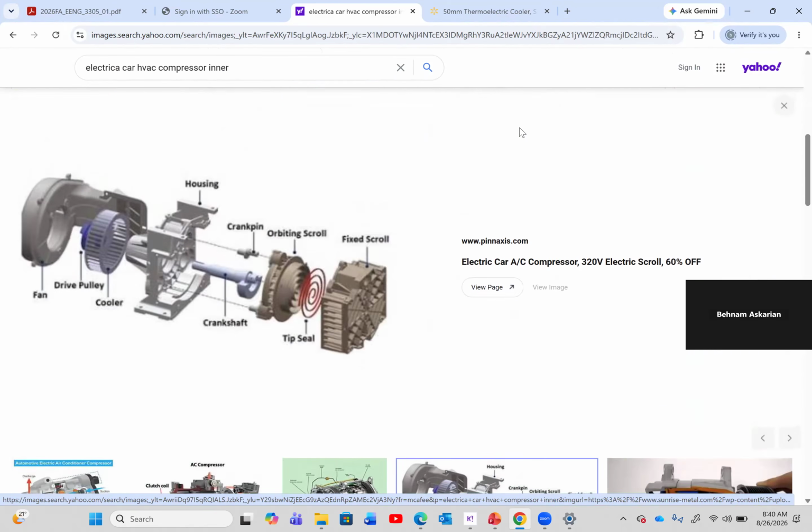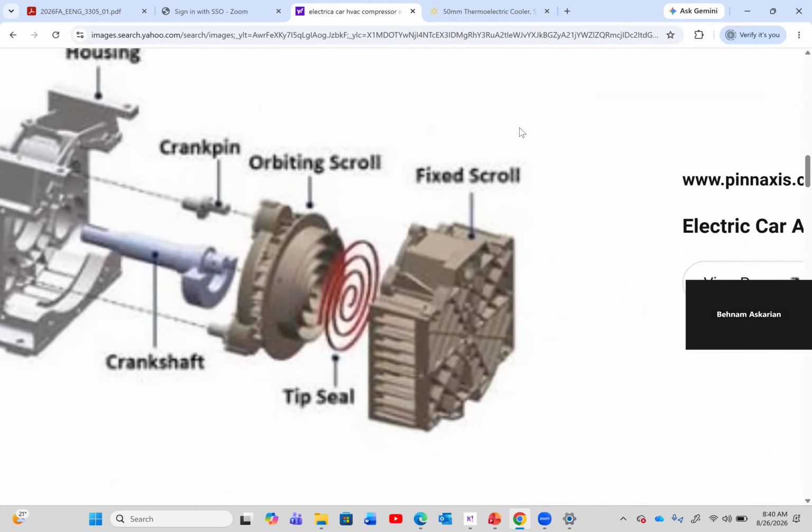This is the way that they are compressing the gas. It's called the orbiting scroll. So instead of having the piston, like the older generations, this one has an orbiting scroll and a tip seal that continuously moves, and you don't have that knocking.